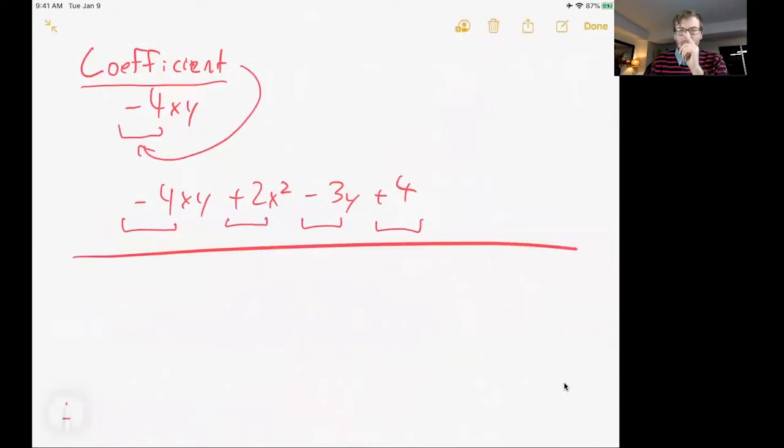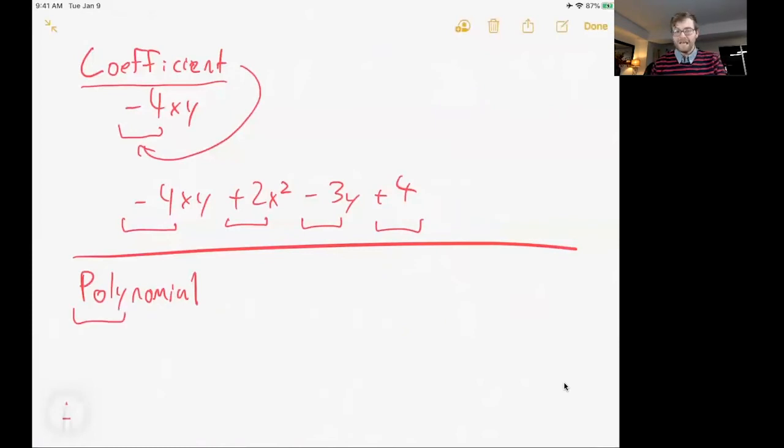Now, polynomials. Polynomial. I think it helps, in order to remember what polynomials are, to look at the roots of this word.